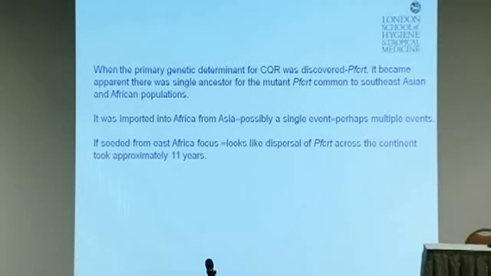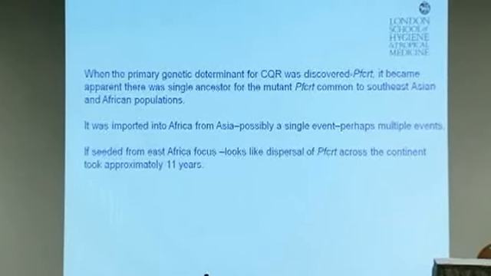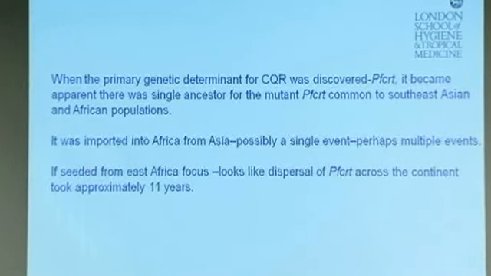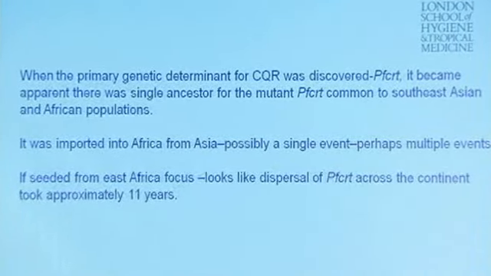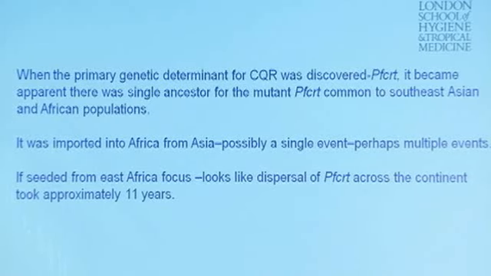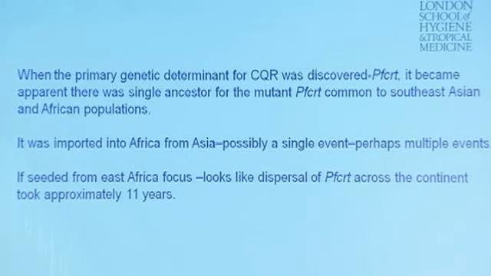It wasn't known at the time, but when the primary genetic determinant for chloroquine resistance was discovered to be mutations in a gene called PFCRT, it became apparent that there was a single ancestor for this mutant form of PFCRT, which is common to Southeast Asia and to African parasite populations.